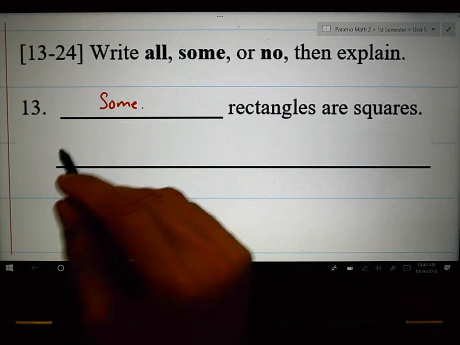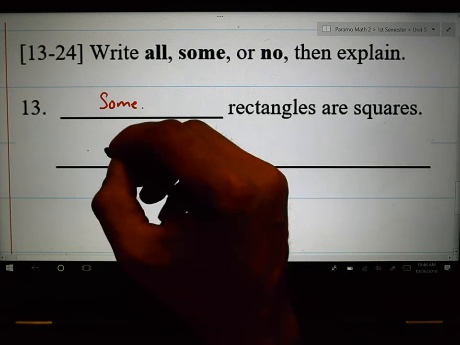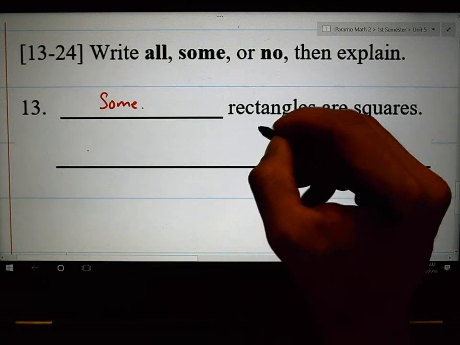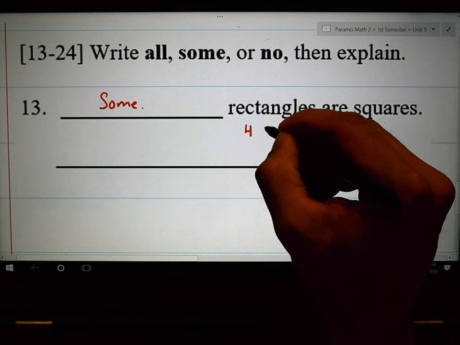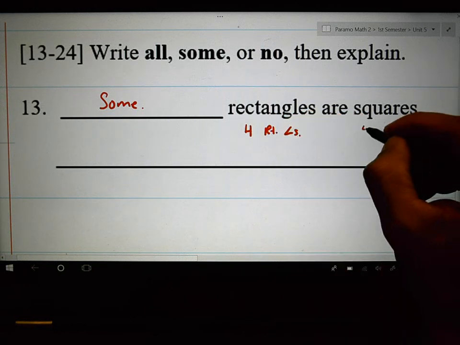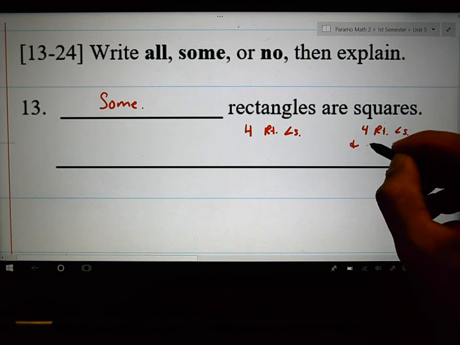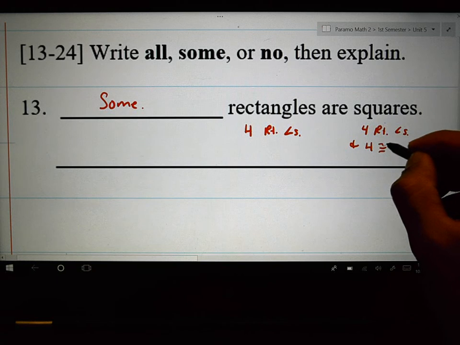Some rectangles are squares. Well, all rectangles have 4 right angles. Squares have 4 right angles and 4 congruent sides.